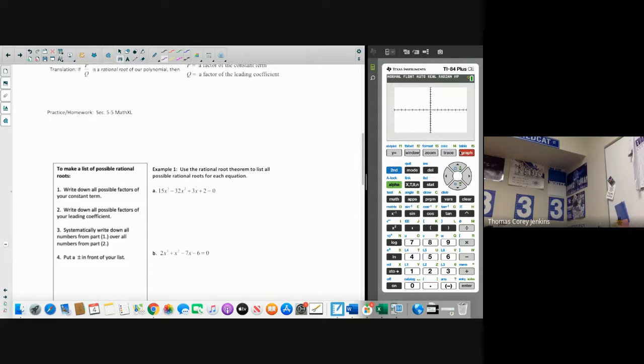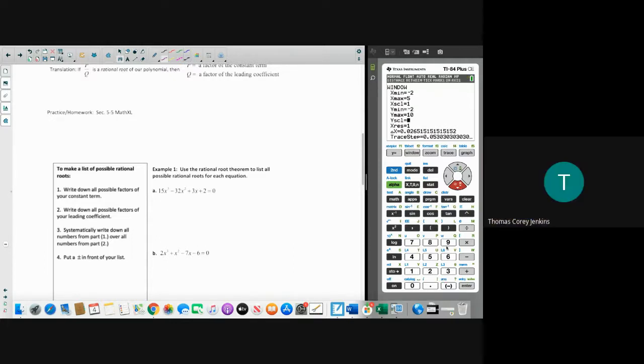If we look at our graph, let me zoom in a little bit, from -2 to 2. I'm just zooming in a little bit so we can see closer.